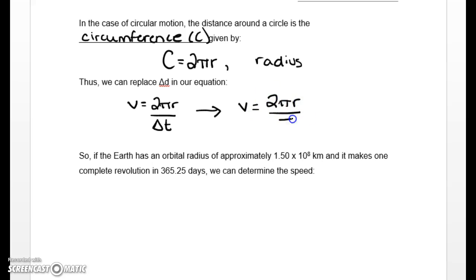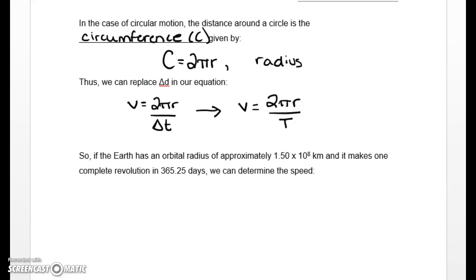So it's 2 pi r divided by our period. This is one of the formulas that is actually on your formula sheet, so if you're trying to keep track, you can put a little check mark beside this one, and now we know it.